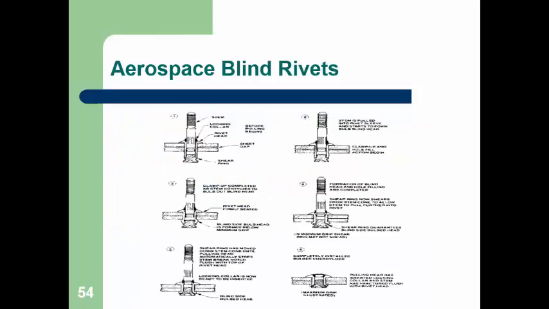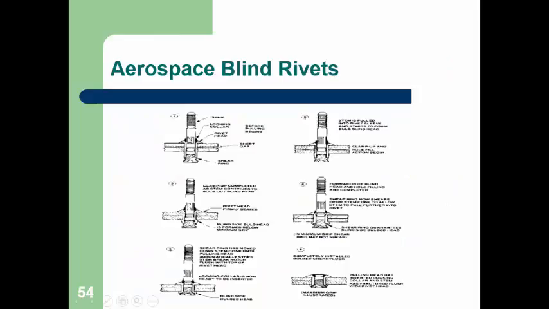Blind rivets, the idea of blind rivets. We talked about a bucking bar, and it's used to deform the backside of a rivet. Well, in most cases, if you think about putting rivets into the fuselage of an aircraft, you can't reach around there, so you've got to either have someone inside bucking, or you do a blind rivet where you take off the head.